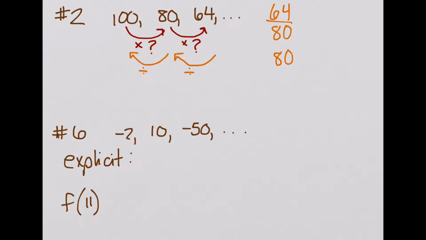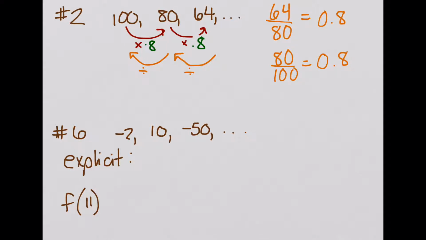And what is 80 divided by 100? If you type both of those into a calculator, you're going to get 0.8 for your answer, which means that going from left to right, I was multiplying by 0.8. And so that is my constant ratio for this.